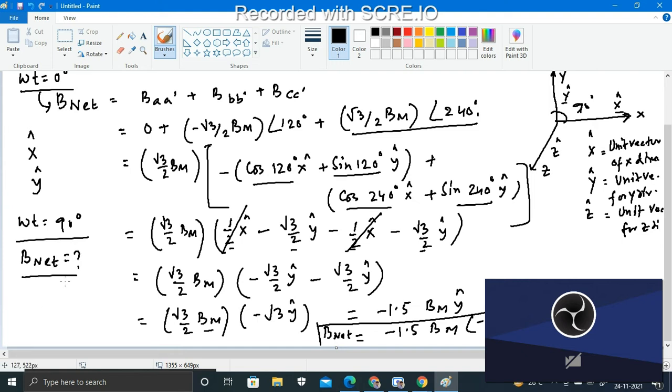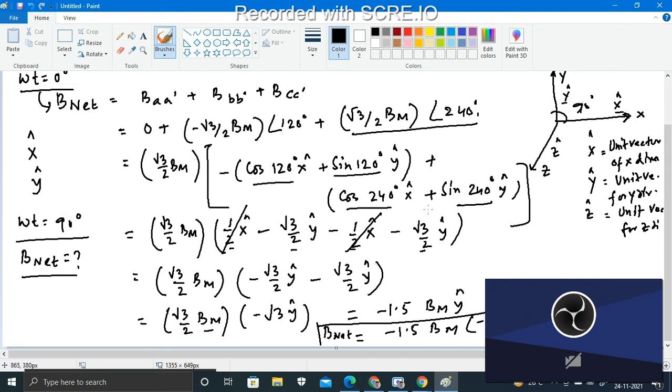We have to find out, right? Can you find out if omega t is equal to 90 degree? First we have to draw the vector representation. That means we have to draw the vector magnetic field in a stator at time omega t equal to 0, if we consider the two unit vectors x bar and y bar.